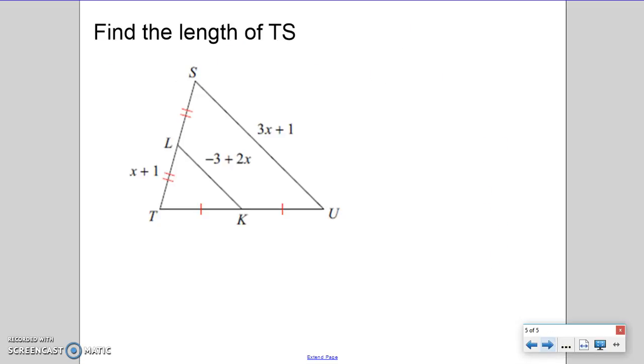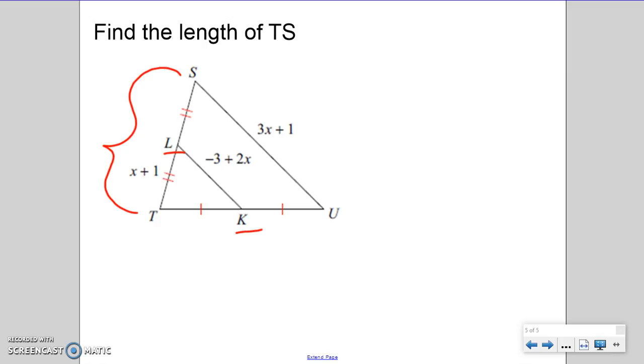All right, last but not least, my goal is to find TS, which is this side over here. Now, I don't have enough information to go straight to finding TS, but what I do know is that KL and US are related, specifically because those two points, K and L, are midpoints, which means LK is a midsegment.